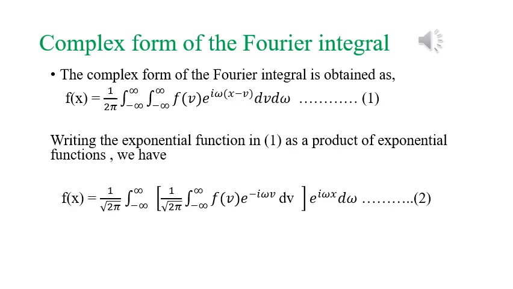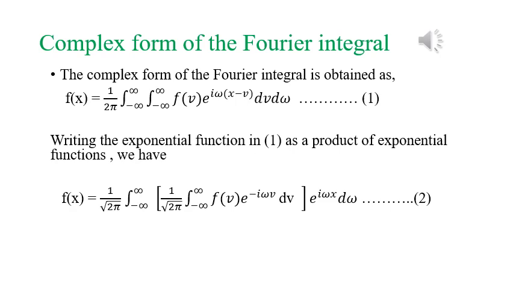We know our Fourier integral representation as f of x is equal to integral 0 to infinity, a of omega cos omega x plus b of omega sin omega x, the whole into d omega, where a of omega is equal to 1 by pi integral minus infinity to infinity f of v cos omega v dv, and b of omega is equal to 1 by pi integral minus infinity to infinity f of v sin omega v dv.